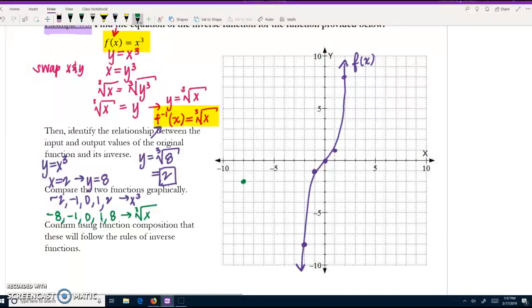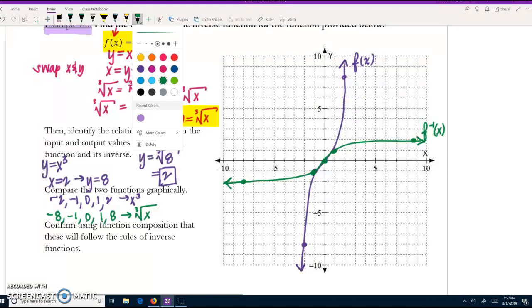So we're going to be right over here. -1 would also give us -1. 0 would give us 0. 1 is going to give us 1. And then 8 is going to give us 2. So the cubic root function is going to be kind of this sideways snake function. It looks like this. And I'm going to label this f with the superscript of -1 to label that it's the inverse.